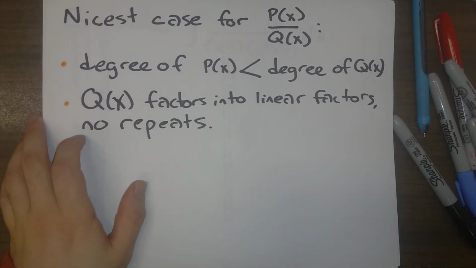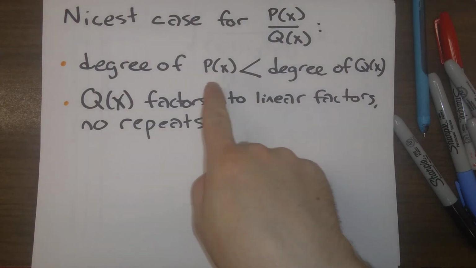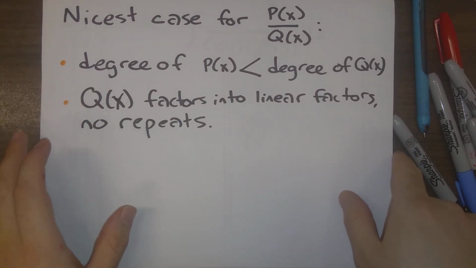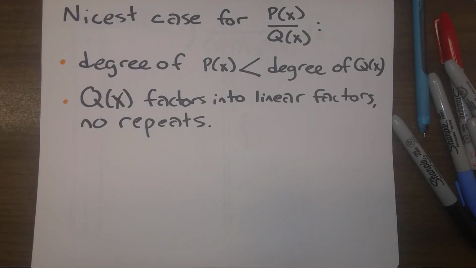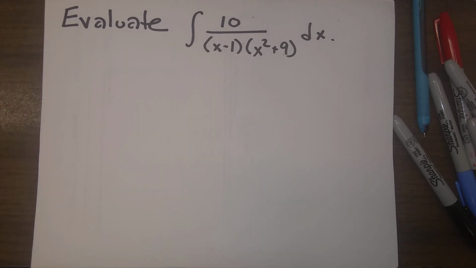In the last video, we saw how to handle the case where the degree of the numerator is not less than the degree of the denominator, using long division. And there's one more thing we have to look at, which is what happens if the denominator doesn't factor into linear factors.